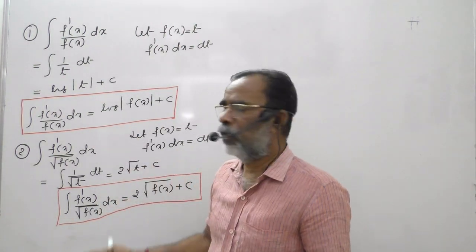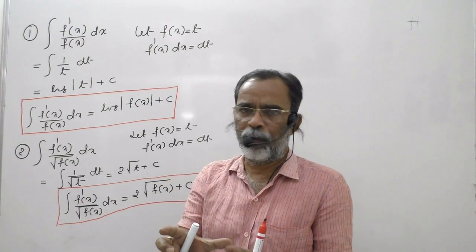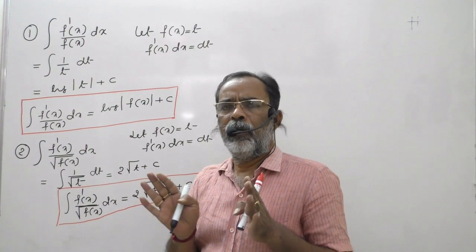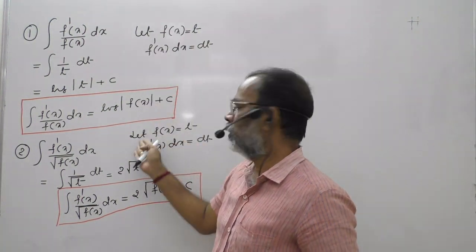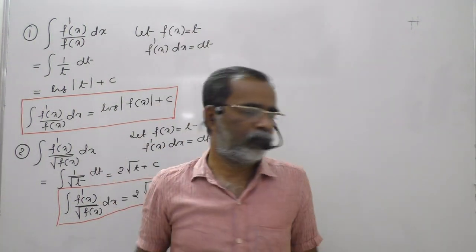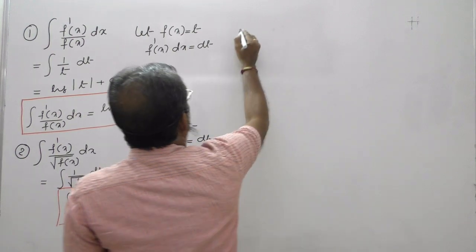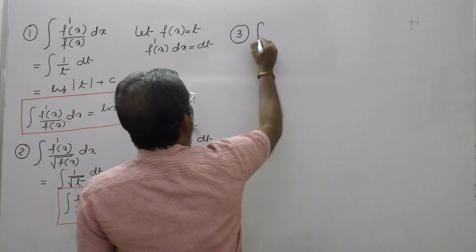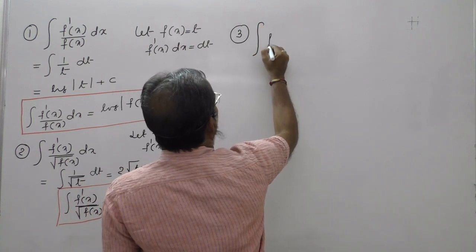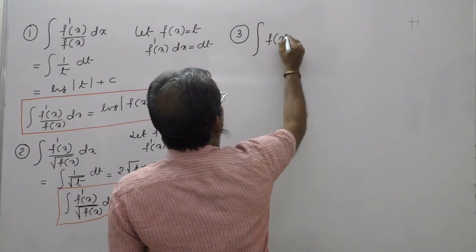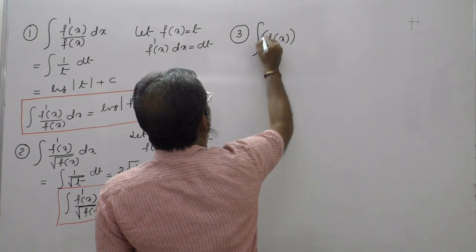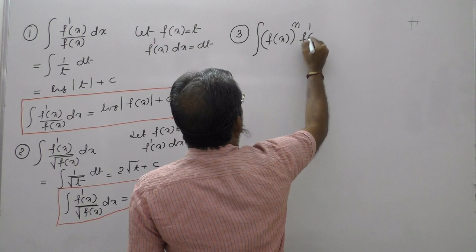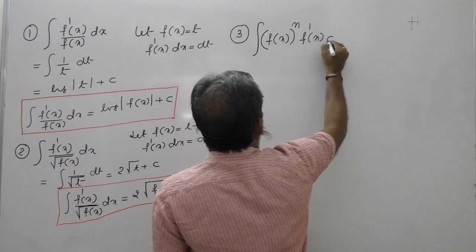If you can identify the problem, then you can apply this, or simply you can proceed with the substitution method. Next, we will see another. Number 3. If the integral of f of x whole power n into f dash x into dx is given.